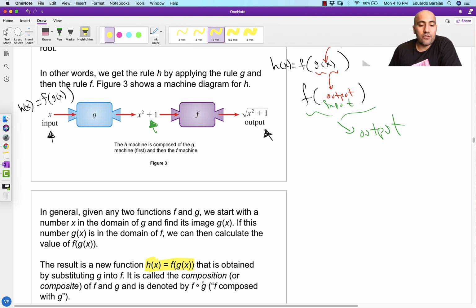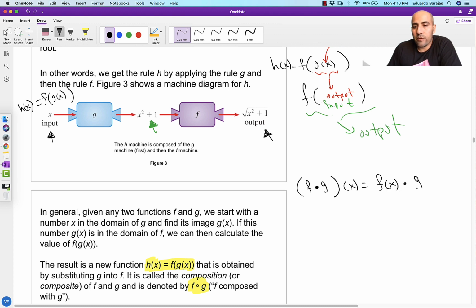So we're introducing this new style of notation, where this is equal to this composition, right? It almost looks like a multiplication, and it often gets confused with that, but it's not. It's like a little open circle, right? So if we had f times a little closed dot g like this, this one means that you multiply them together. We get the f of x, we multiply it with the g of x, right?